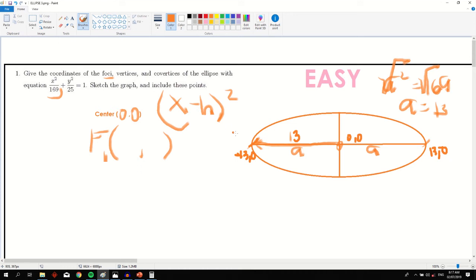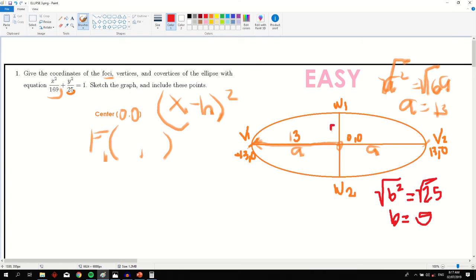These are the vertices, and this is the co-vertex. The co-vertex is also easier because we already have b squared, which is equal to 25. We take the square root, so b is equal to 5.